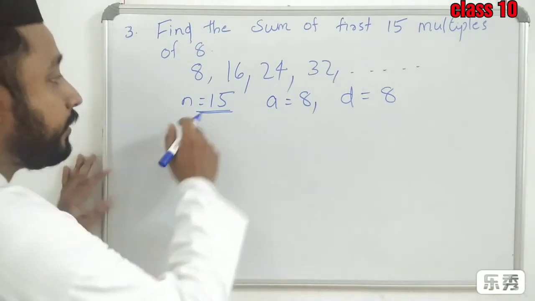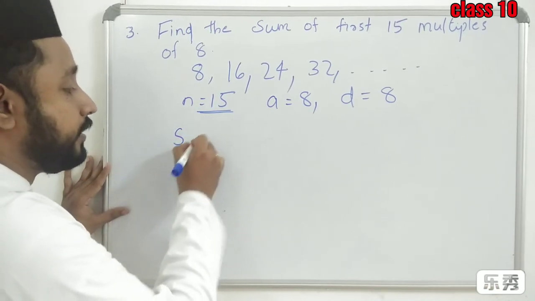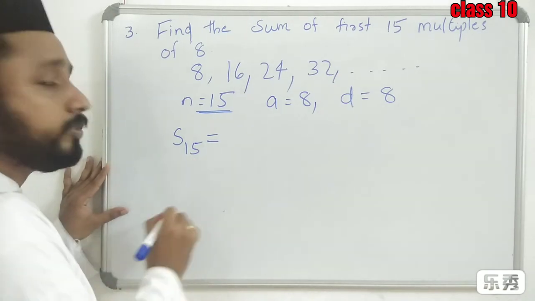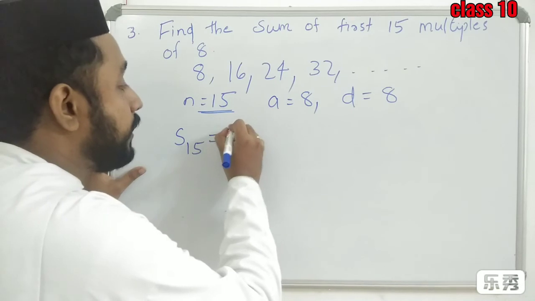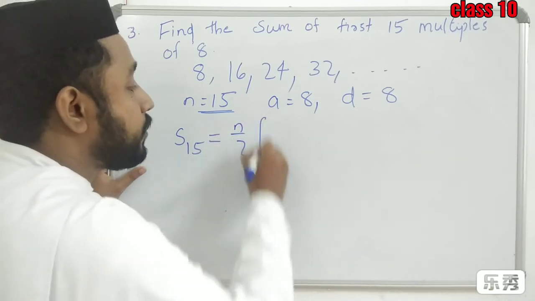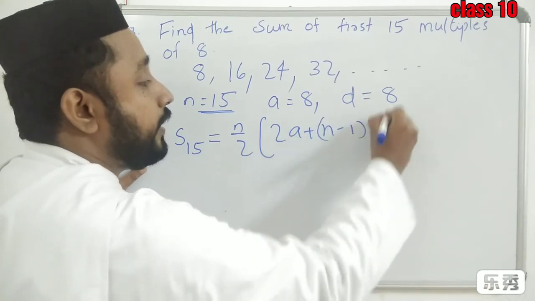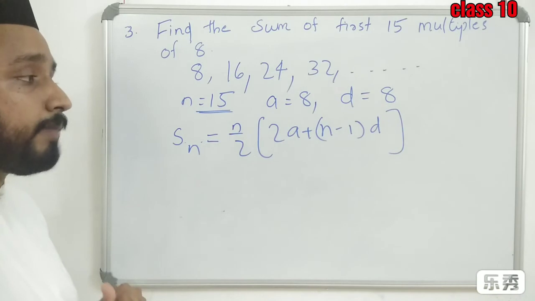So we have to find S15, the sum of 15 terms. What is the formula? Sn is equal to n by 2 into 2a plus n minus 1 into d.